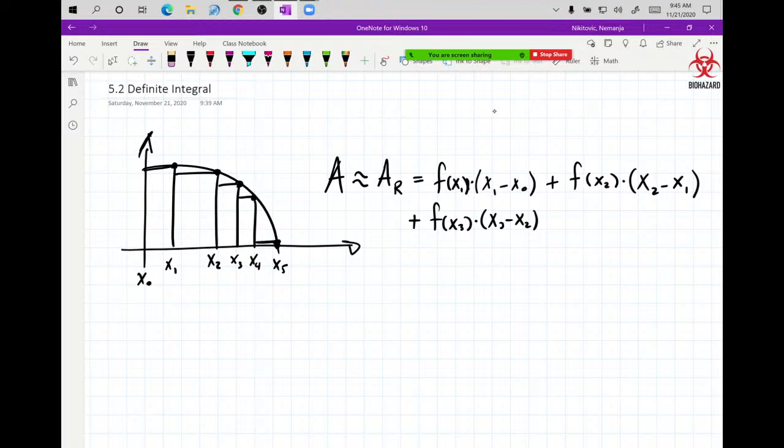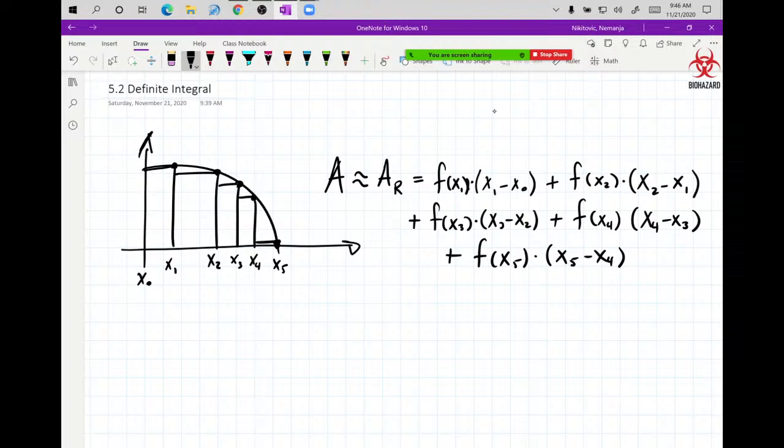And I continue with this method throughout the calculation. There we go. And I have 5 calculations to come up with 5 rectangles. And then when I add them all, I will have the approximate area. Now, there is error, right?